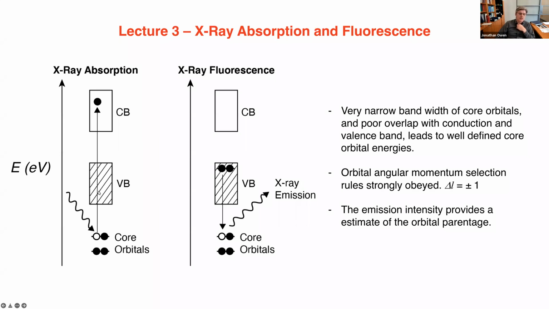And this transition is like any other transition in the material, right? There's a HOMO-LUMO transition or a D to D transition or an MLCT transition. This is an X-ray absorption transition, and it involves an electron from a core level being promoted to some other level within the material.